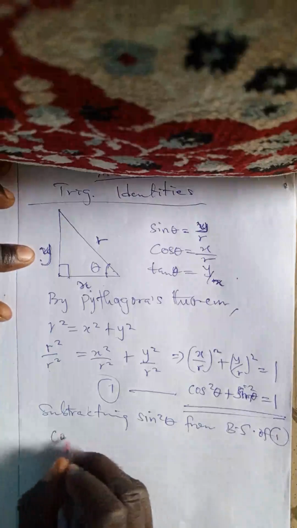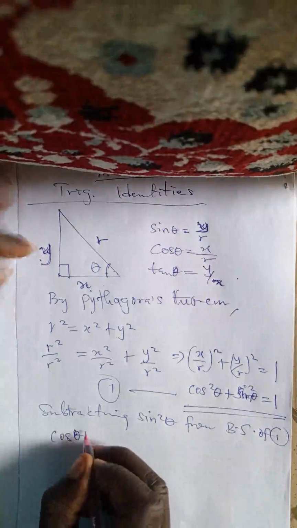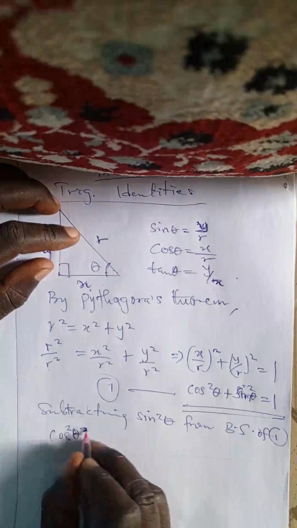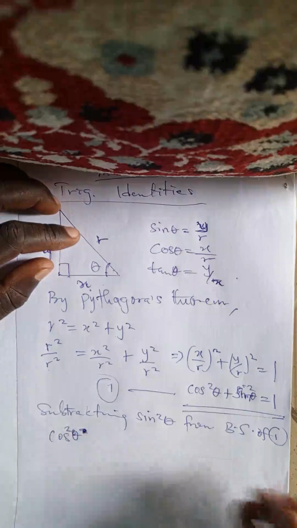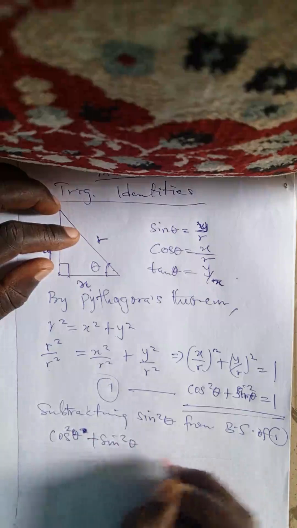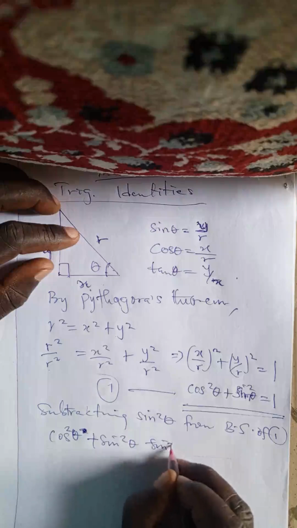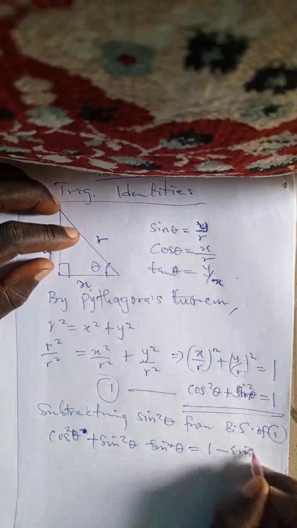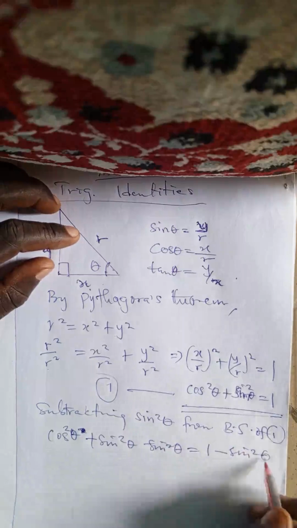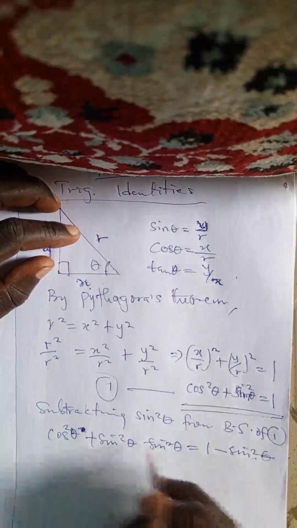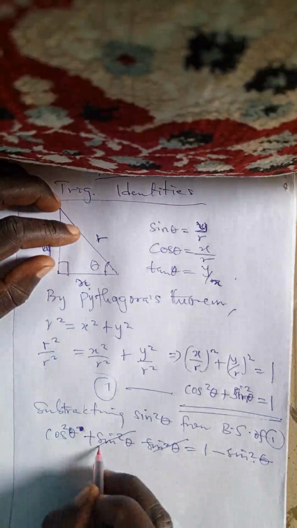You have cos squared theta plus sine squared theta minus sine squared theta is equal to 1 minus sine squared theta, because we subtracted sine squared theta from this side, but sine squared theta will go with sine squared theta.